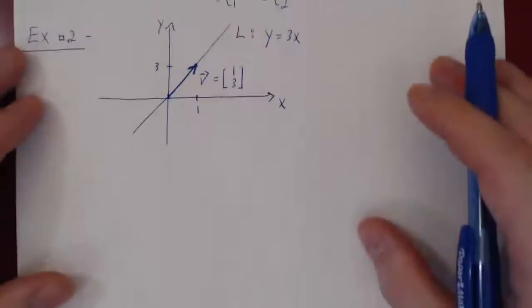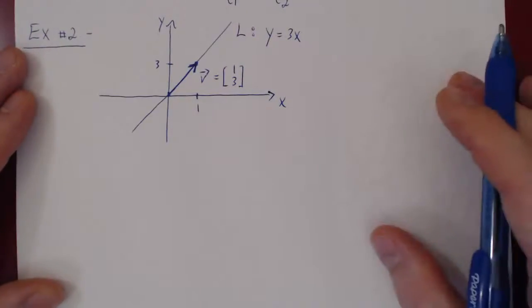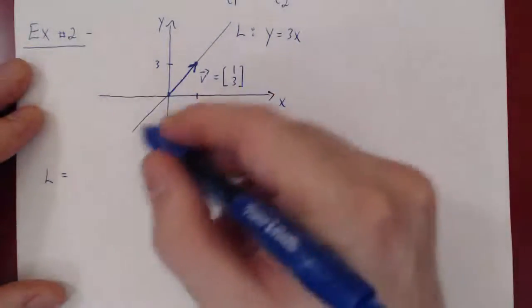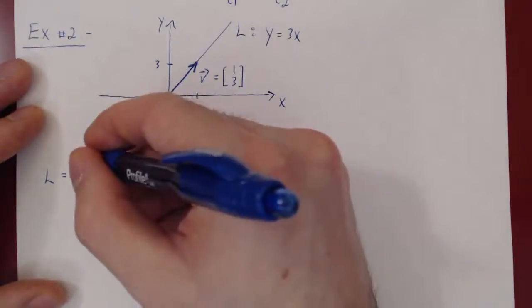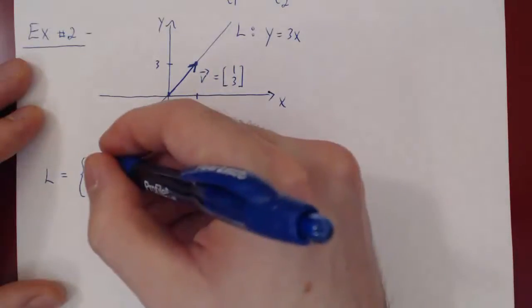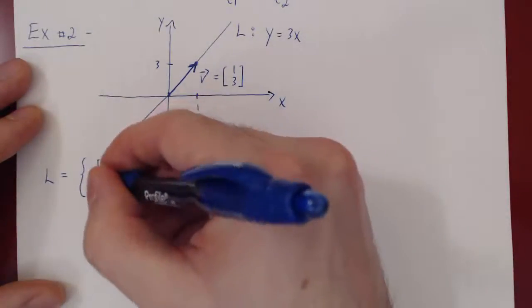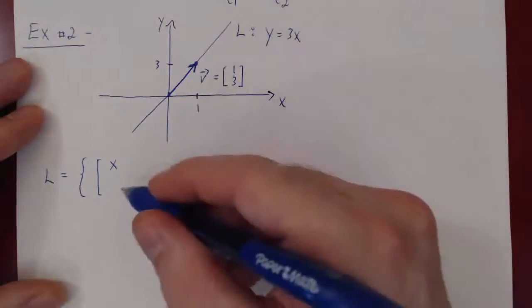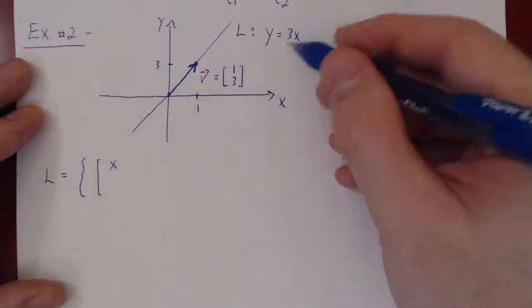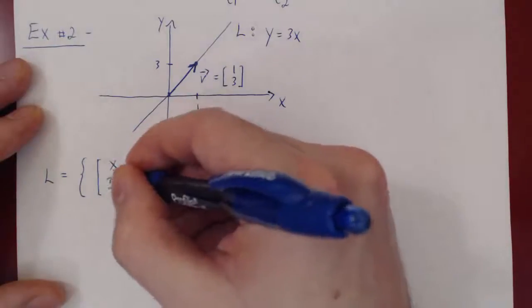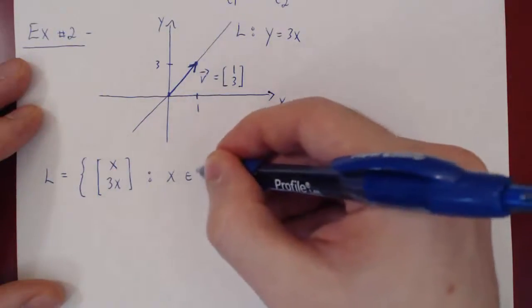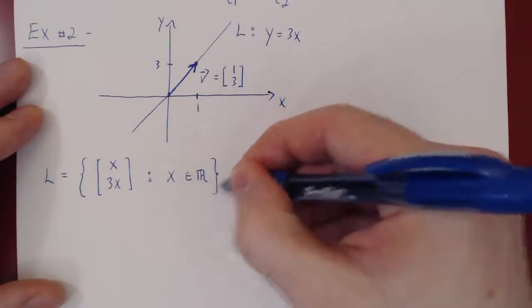Let's now prove this, and the proof will be very easily completed. The line is a set of points lying on the line, right? So we look for points x, y. Well, given any x, the second component of our point or vector must be 3 times x. And x is allowed to range over all possible real numbers.